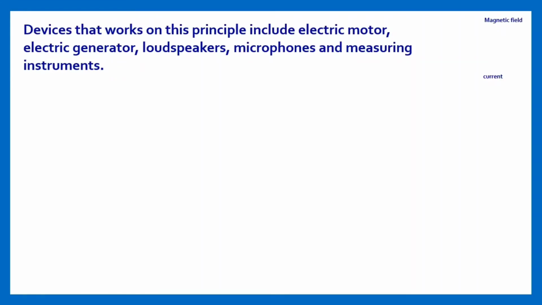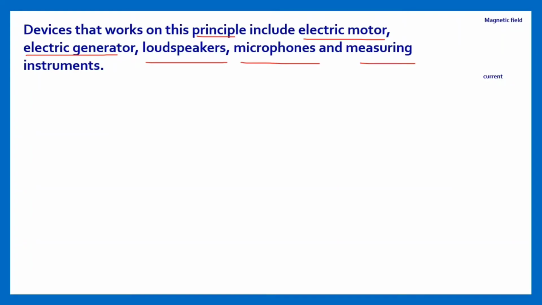Devices that work on this principle include electric motor, electric generator, loudspeaker, microphones, and measuring instruments. Which principle? Let me remind you. When an electric conductor is placed in a magnetic field, it experiences a force.